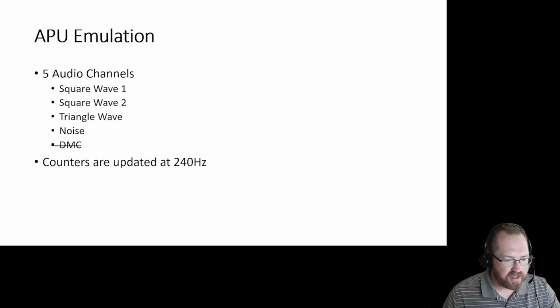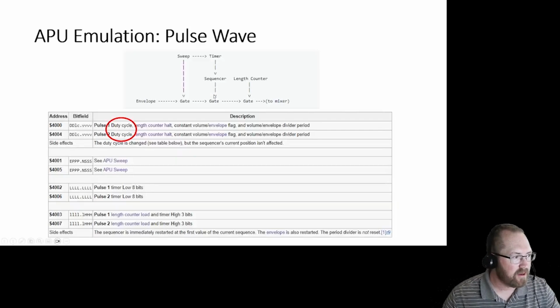Internally, the APU is updating those timers at 240 hertz. So even though the NES is only updating the registers 60 times a second, it can then set timers, and the volume or the frequency can be updated up to 4 times between frames if you're going for full fidelity.